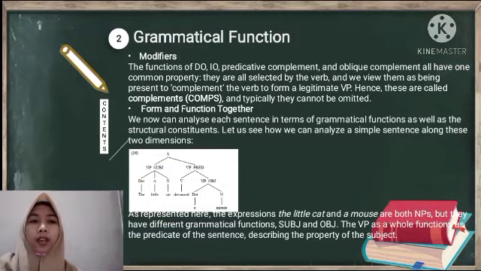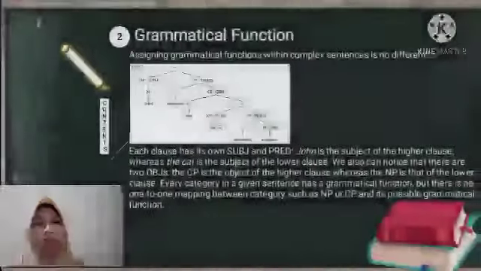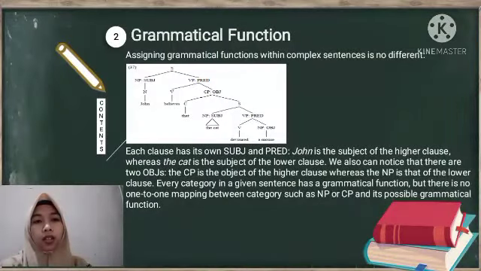Verb phrase predicate: verb chased. Noun phrase object: determiner a, noun mouse. As expected here, the expressions the little cat and a mouse are both noun phrases, but they have different grammatical functions, subject and object. The verb phrase as a whole functions as the predicate of the sentence, describing the property of the subject.